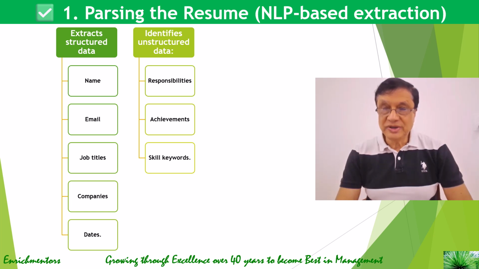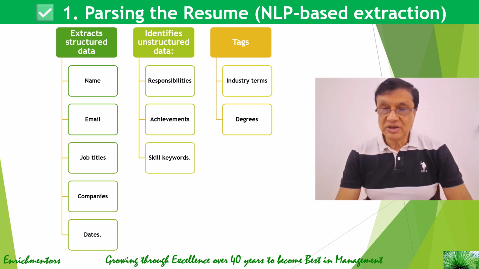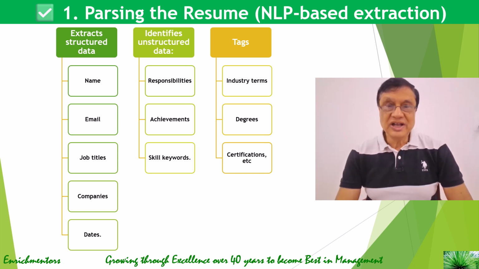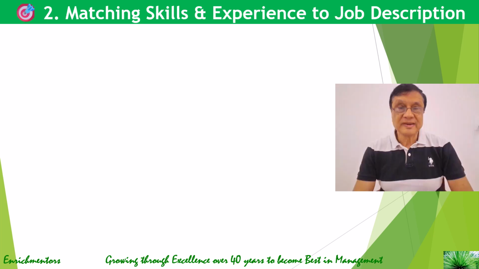It also tags industry terms, degrees and certifications. An example would be "led a team of five to deploy AWS cloud infrastructure," which would lead to tagging leadership, AWS, cloud computing, and team management. So that's the parsing of the resume in the first step.